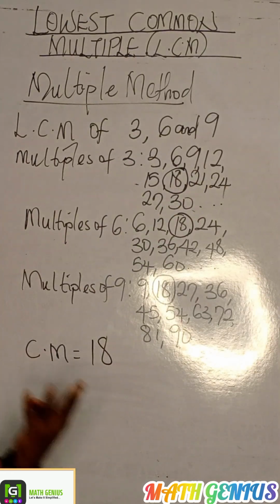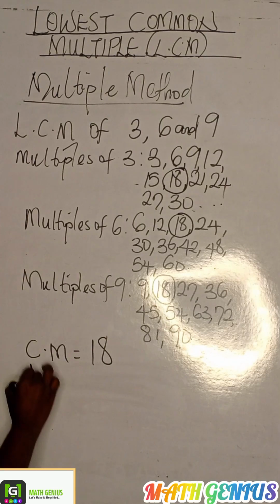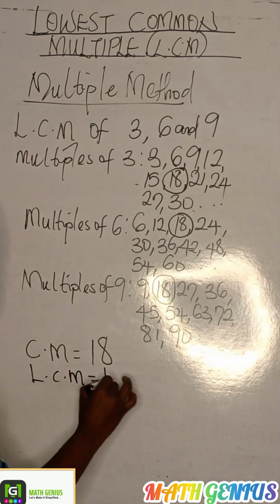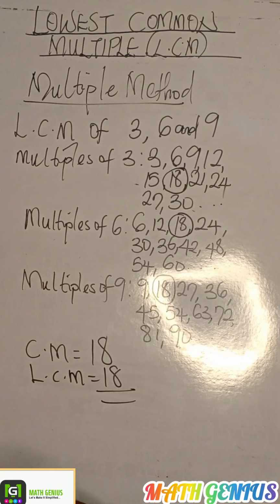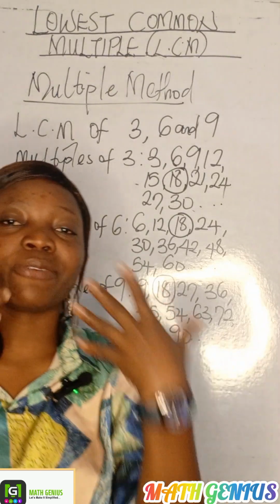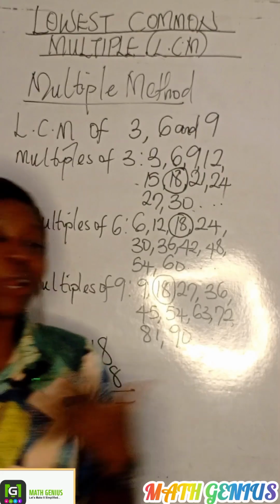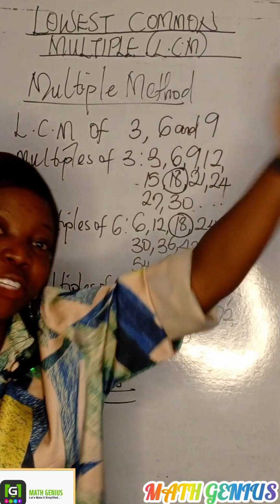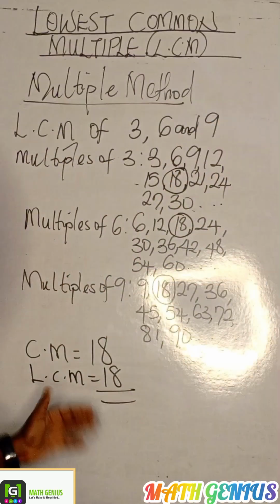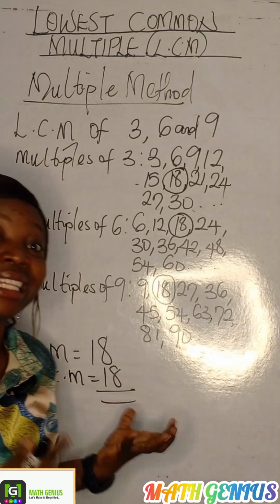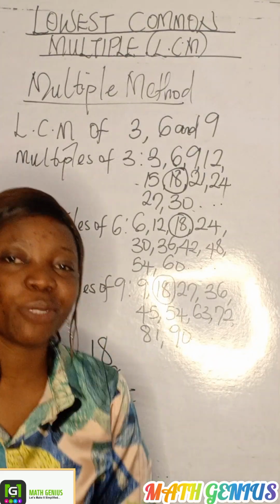Now the common multiple here is 18. That is also the least common multiple because it's the smallest. We are not meant to find the highest, so that will not make us increase. When we are increasing, we are getting a higher number. Since we already have a single number, this is already the least common multiple.